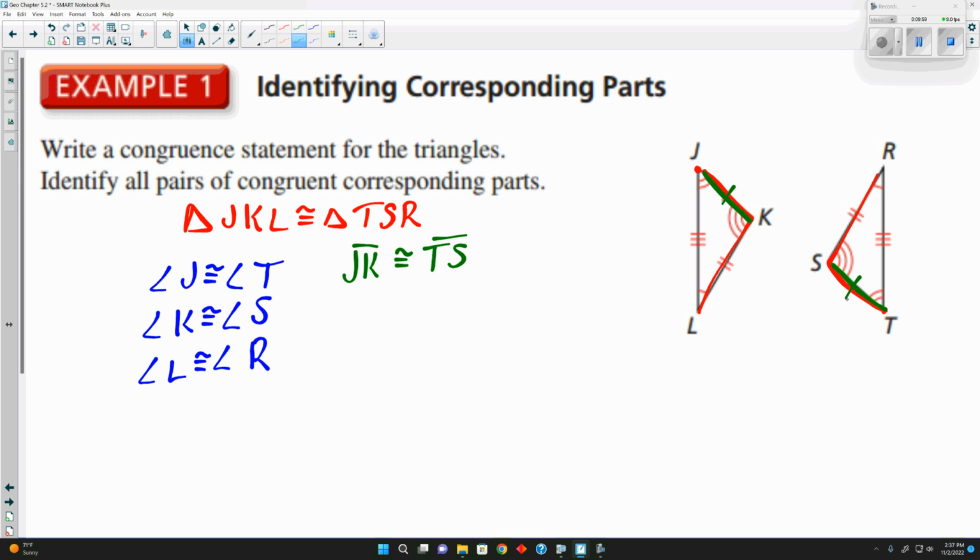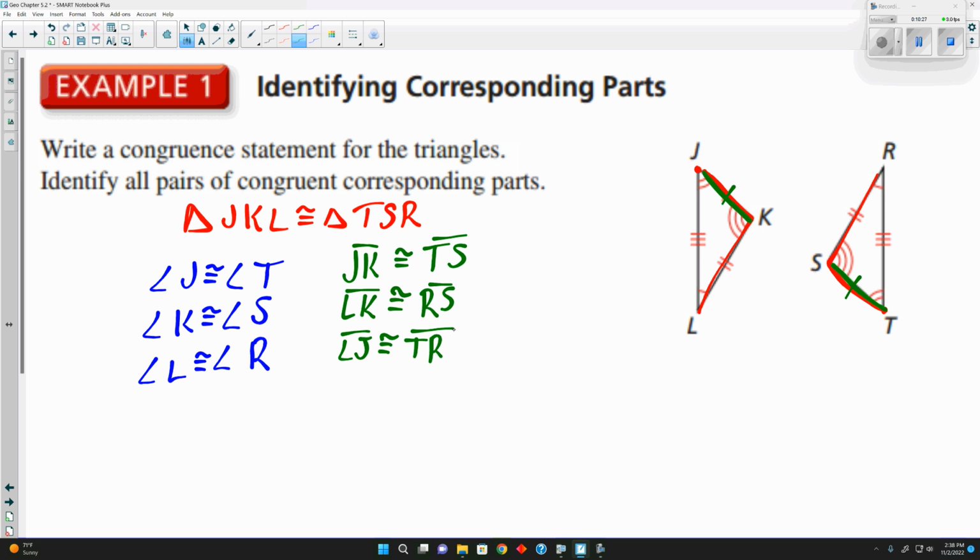So LK is congruent to R. So KL, SR, because those are the next two letters, aren't they? Because again, it's following the same path, which means the last two have to be congruent to RT or TR. And that's it.